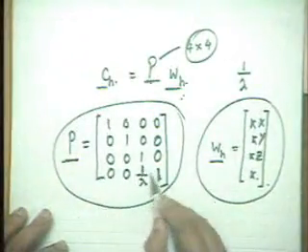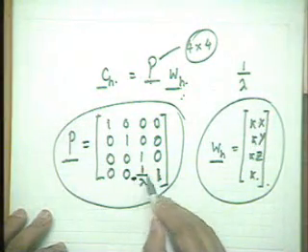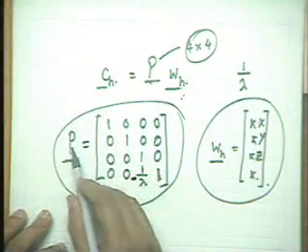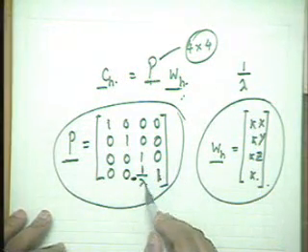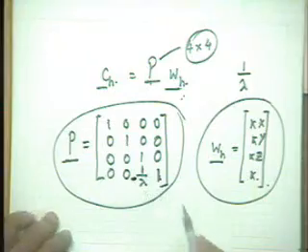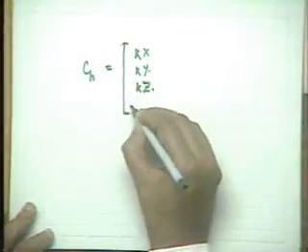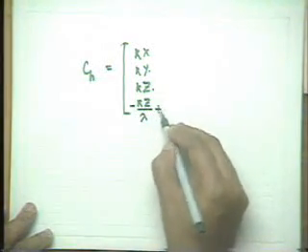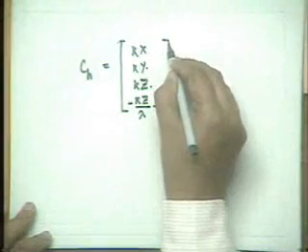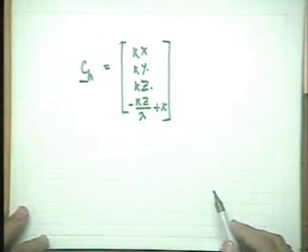This is not 1 upon lambda, this is minus 1 upon lambda. For the P matrix, this element is minus 1 upon lambda. Please make this correction. So, if we do that, then what we are getting is minus kz by lambda plus k. So, this is the camera coordinates in the homogeneous form.